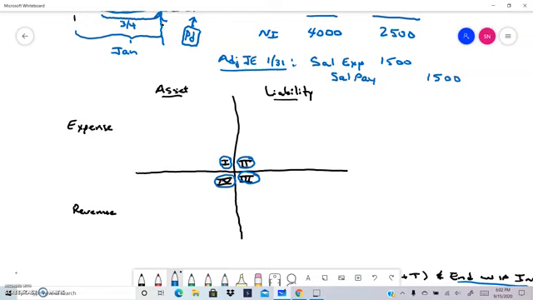But the first one is going to be, in the upper left quadrant, what's called recorded assets that are used up.